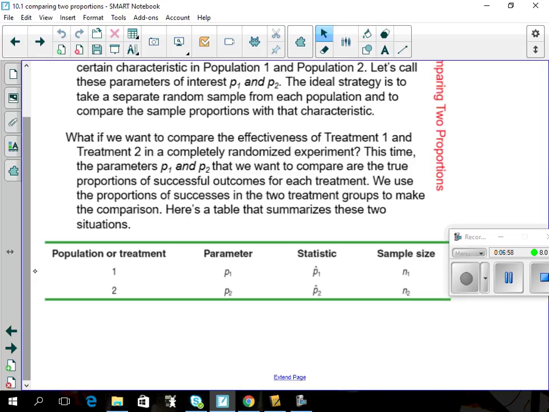Oftentimes, we'll use a subscript that denotes a characteristic about that population, like males and females, so we would use M and F. So those subscripts are going to reflect their separate populations, okay? The statistic for proportions is p hat, and your sample sizes just carry through that same notation, that's all, okay? No big deal.